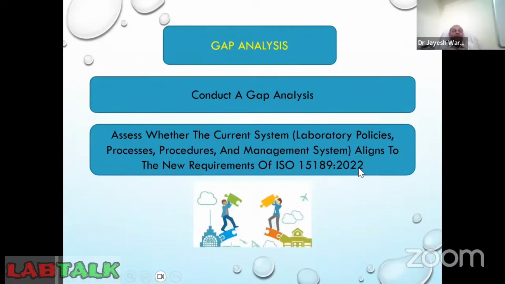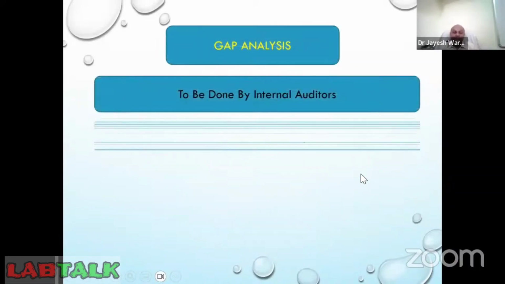We have already seen the new requirements, because we have made a list of documentation, procedures, processes, and records. So during a gap analysis, you will come across what extra documentation is required, what extra processes need to be implemented, what new activities you have to undertake, and how they can be implemented. By doing a gap analysis, you can see the current gaps in your management system.